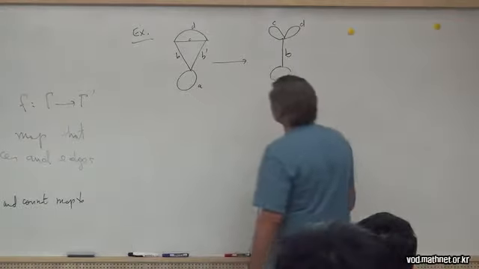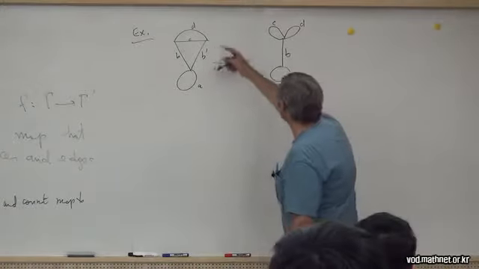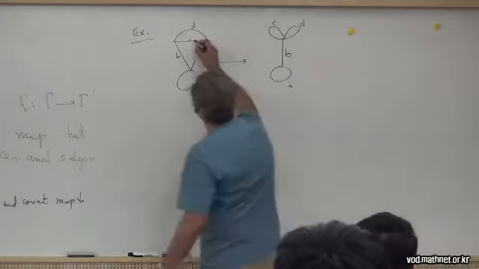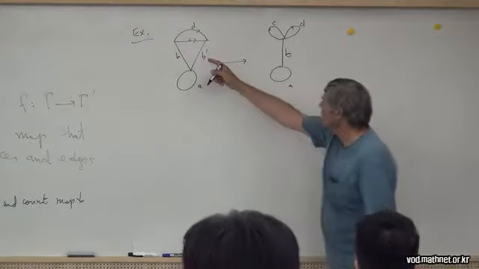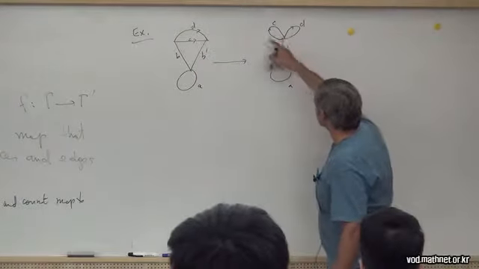To really specify the map, I would have to assign orientations, like C and D, C and D. And now that specifies that C goes this way, not the other way.